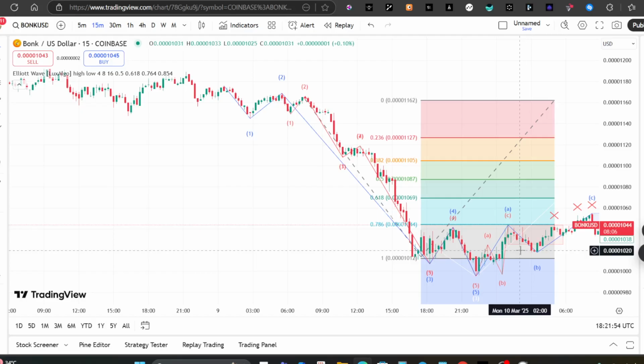When you see these levels aligning with your analysis, you'll have a clearer idea of where wave 3 or wave 5 could top out. Now, Fibonacci extensions are crucial because they allow you to project potential price targets for the extended wave.